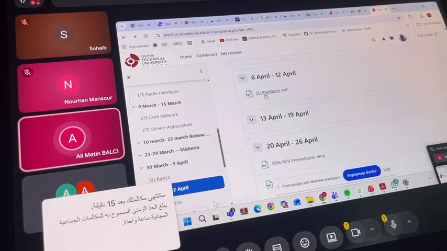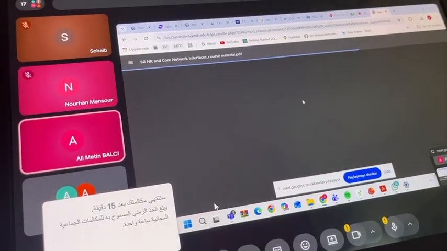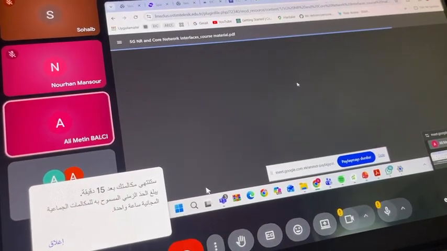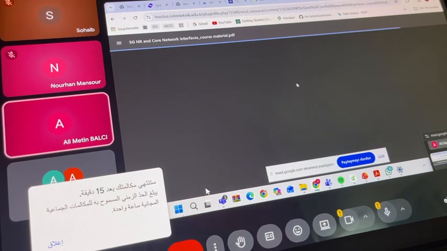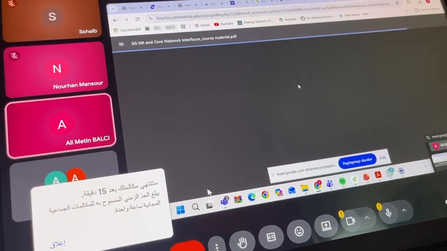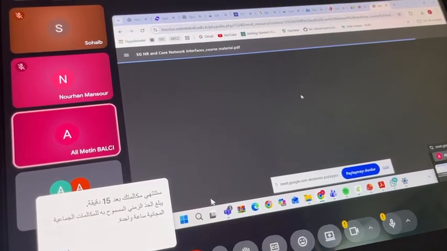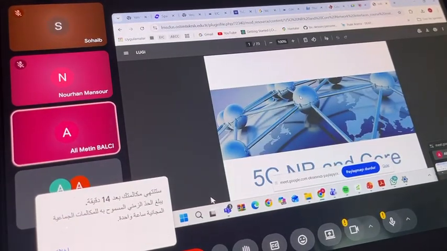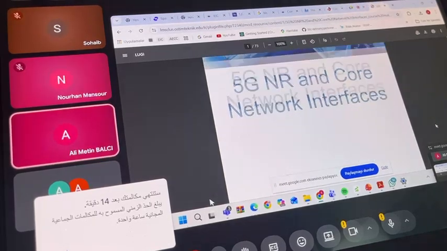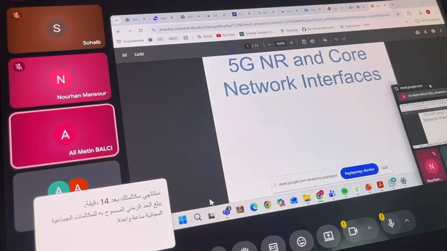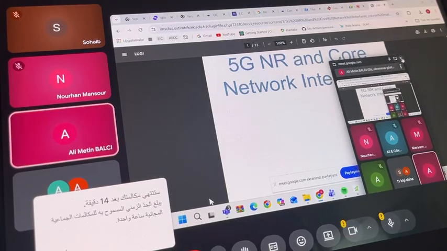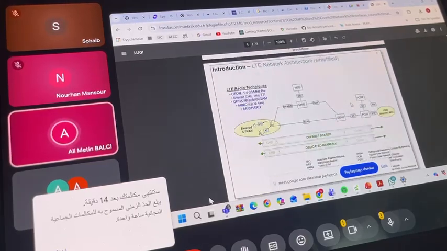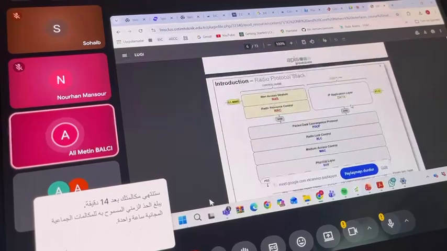I need to go to the other interfaces document. Okay, there are some duplicated information over here again.